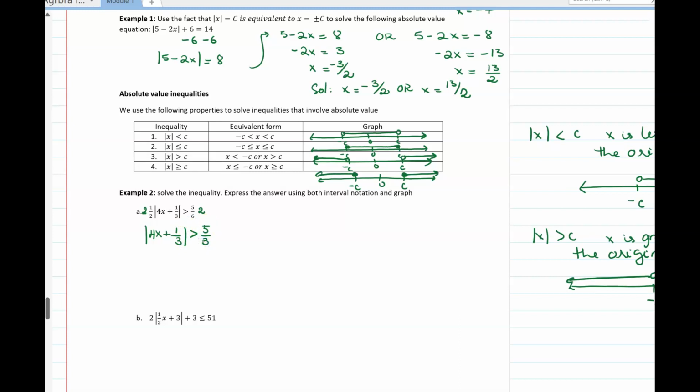So the absolute value of 4x plus 1/3 is greater than 5/3. This is equivalent to the formula we saw earlier. So I can rewrite this as 4x plus 1/3 is less than negative 5/3, or 4x plus 1/3 is greater than 5/3. And I will solve these inequalities independently.